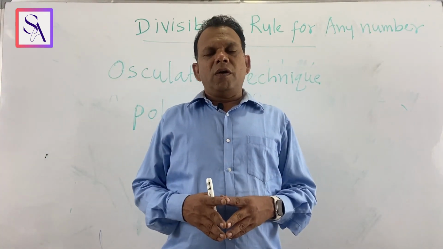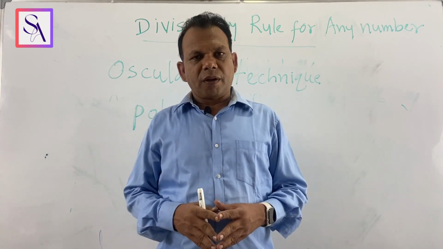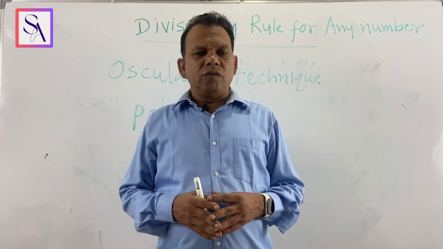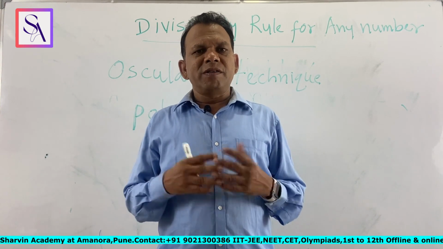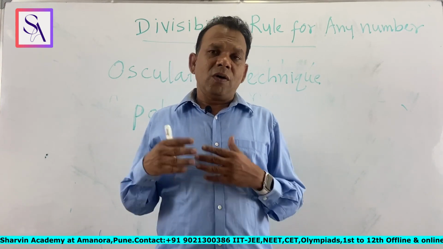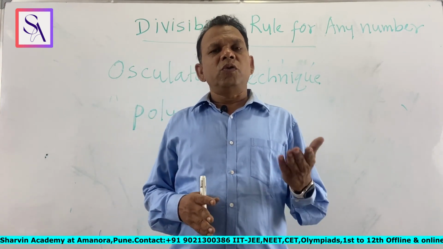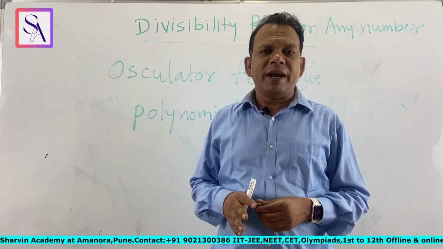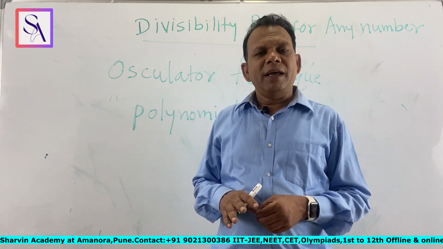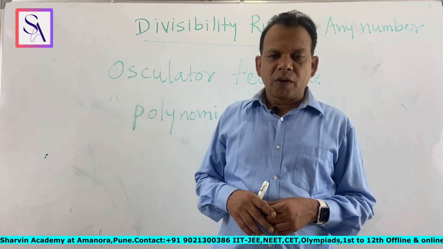Divisibility test for any number. So till now you have learned divisibility rule or test or criteria for 2, 3, 4, 5, 6, 7, 8, 9, 10, 11 and 13.